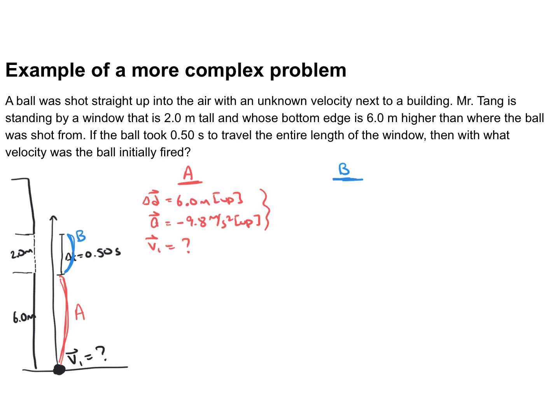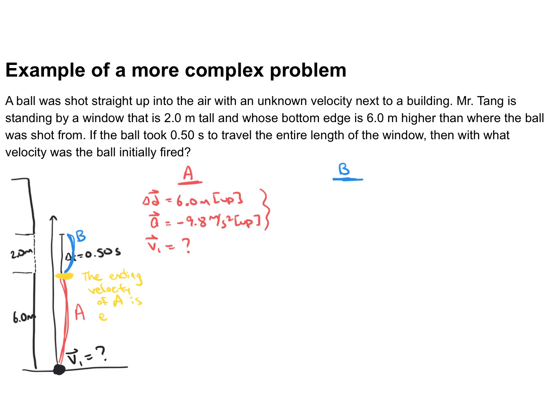And there is a connection between parts A and B. And I'm going to try to point it out on the diagram. In yellow here, right at this moment, that's the transition point from part A to part B. What's the connection? Well, the ending velocity of part A is going to be equal to the starting velocity of part B. Okay, we're assuming it's just a continuous situation here.